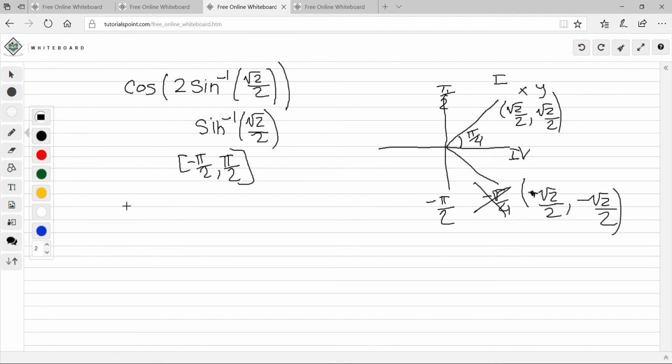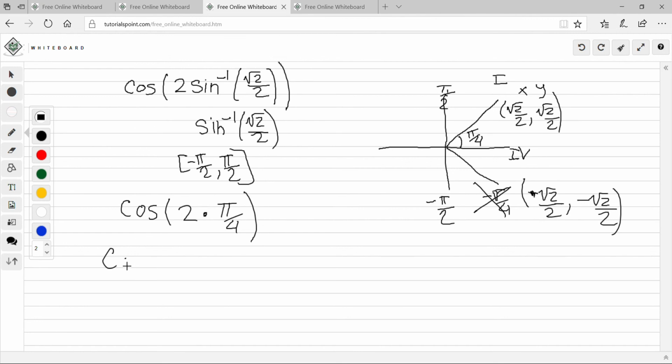So yeah, it's cosine of 2 times, don't forget about this 2, and we said it's pi over 4, right? Because sine inverse of root 2 over 2 is asking what angle in radians is going to give you sine of positive root 2 over 2, and we agree that it's pi over 4.